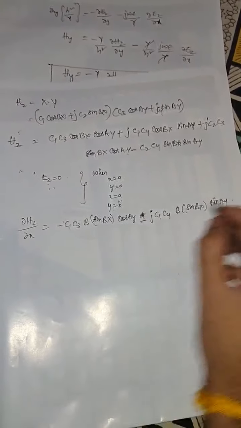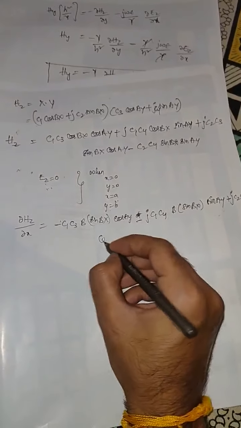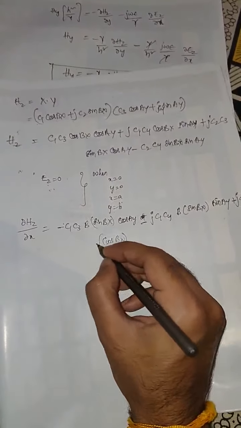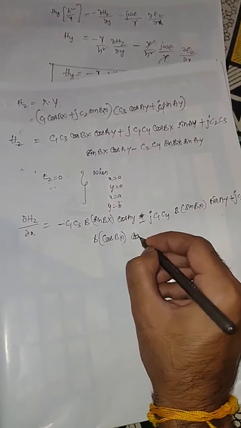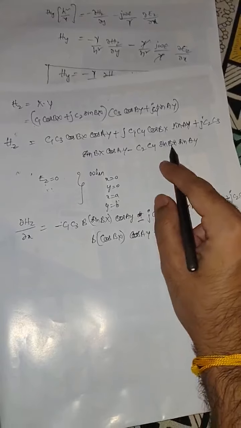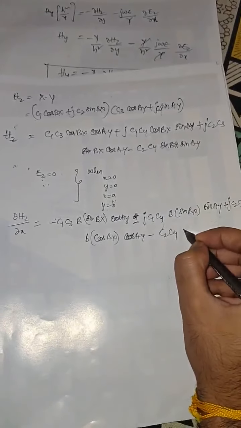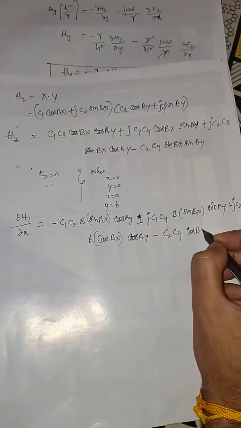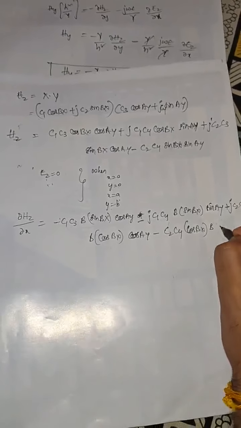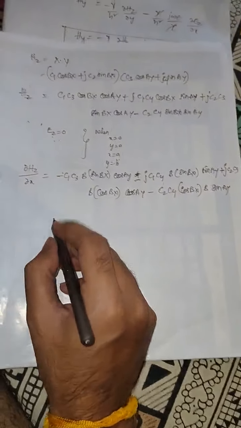Here you will get plus j c2 c3 cos bx multiplied with b cos ay minus c2 c4, so similarly cos bx multiplied with b sin ay. Okay, so this is the formula.